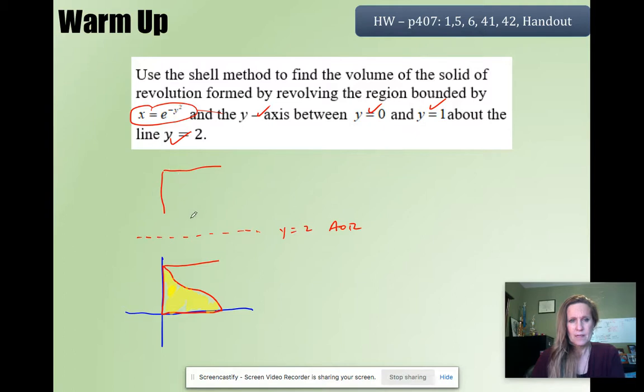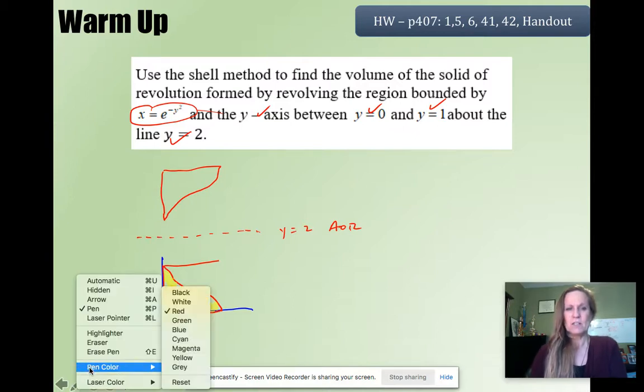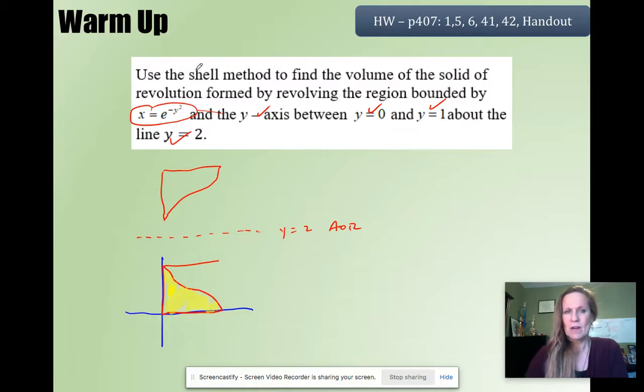And then what? Something like that. That's my image. Now, if you want to do shells, I know the shell formula is 2 pi times the radius times the height times d something. That's going to give me volume.